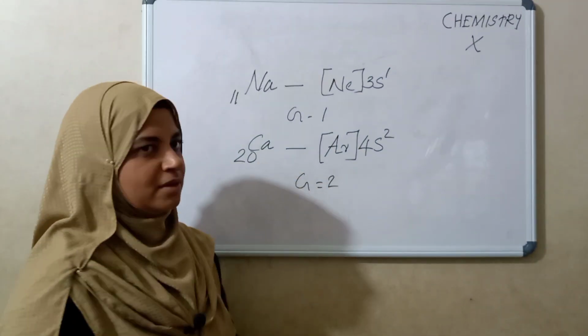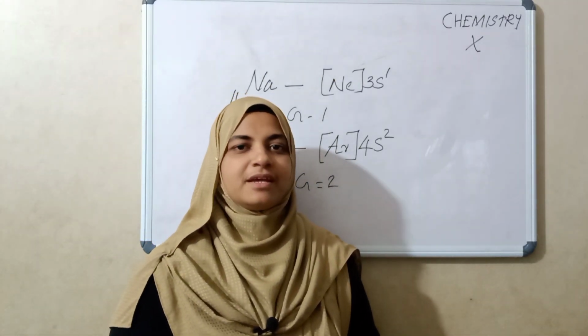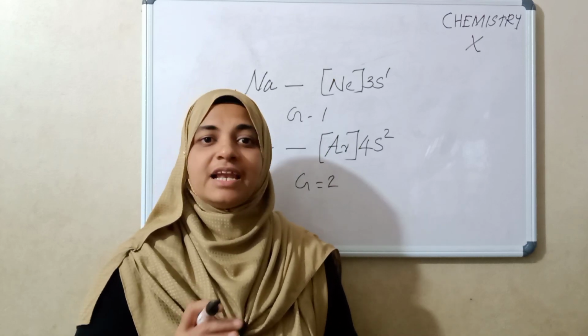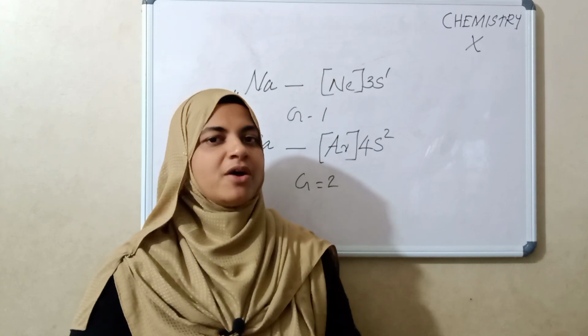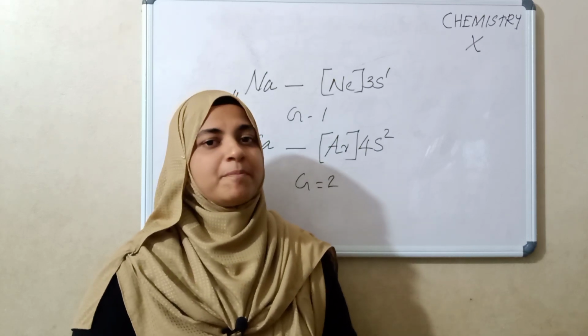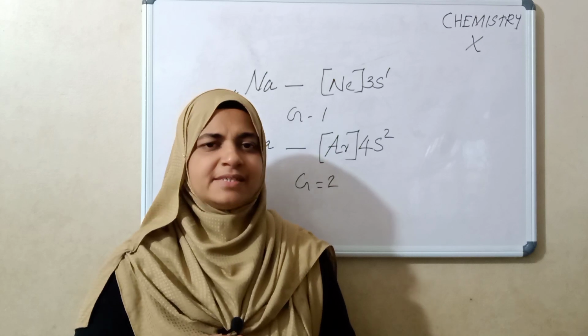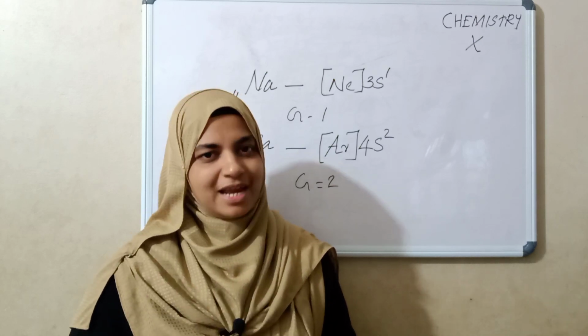In short, for S block elements, the group number is equal to the number of electrons in the last S subshell. That is, the group number may be 1 or 2 because S can accommodate only 1 or 2 electrons.